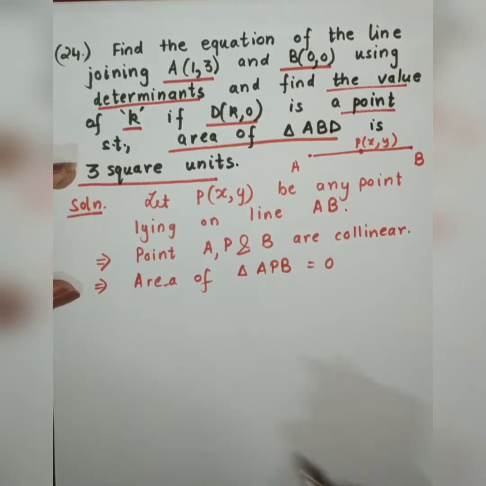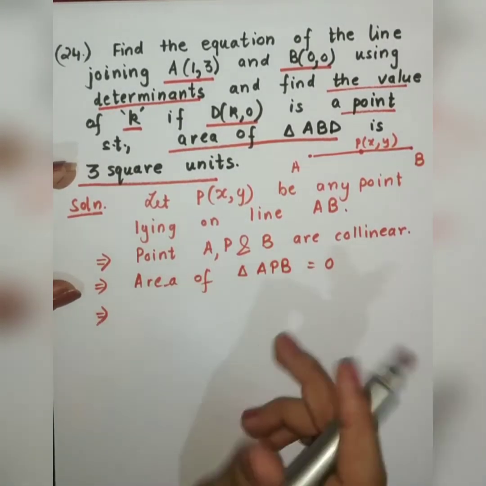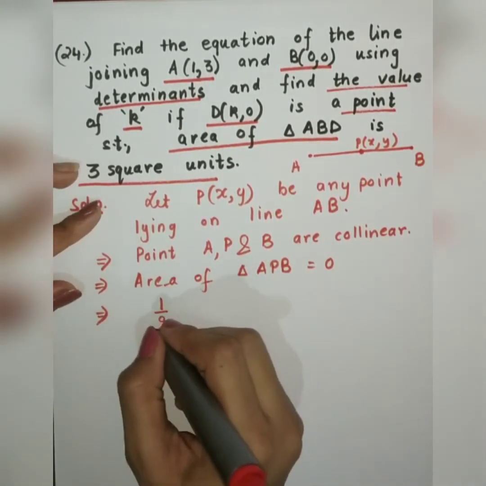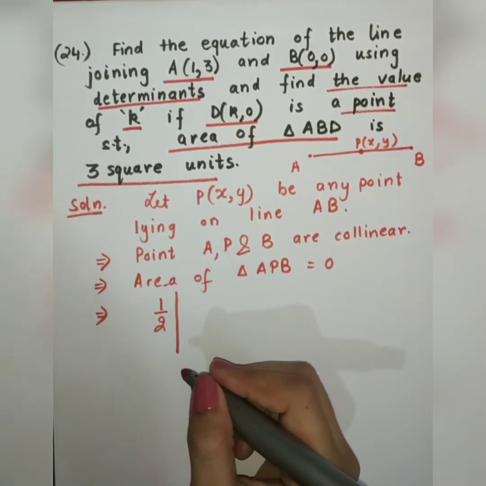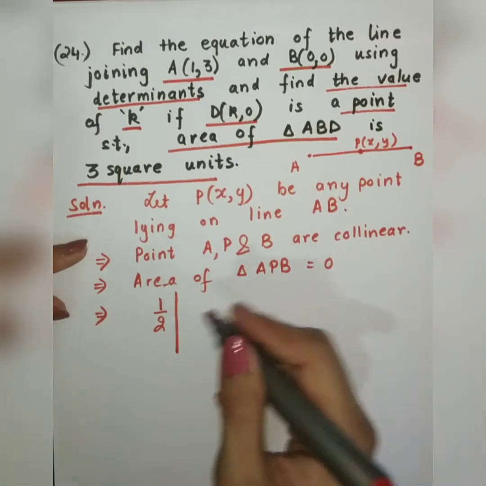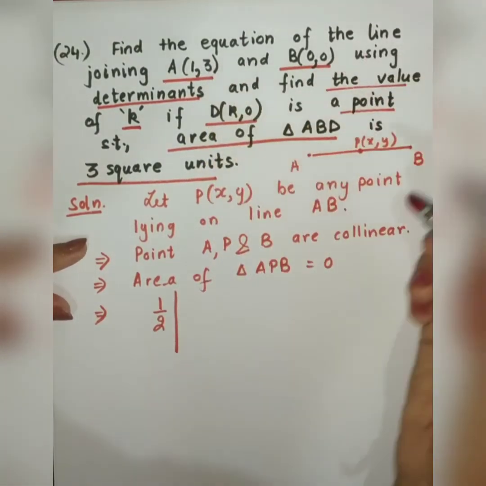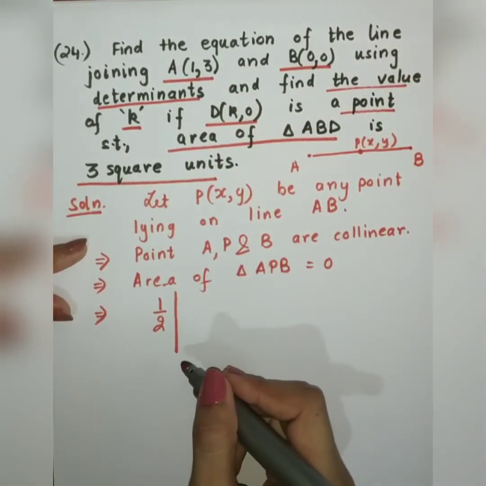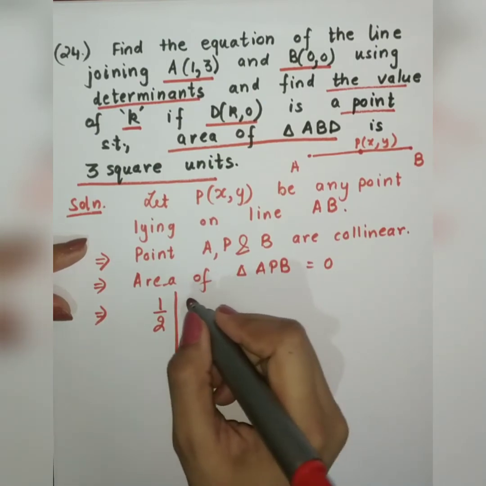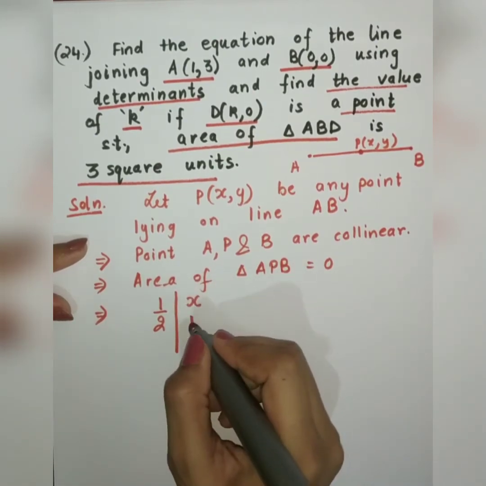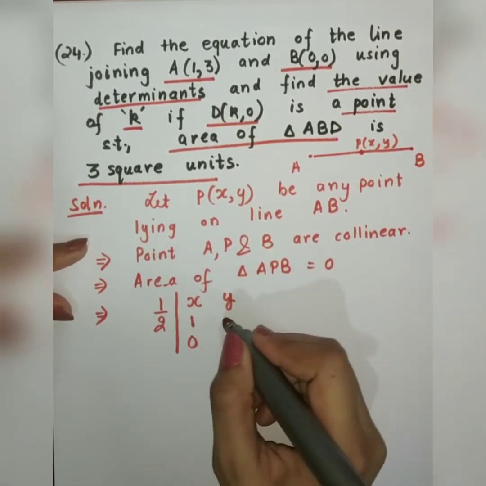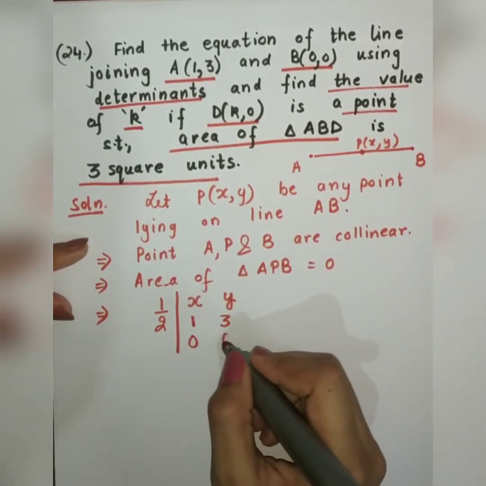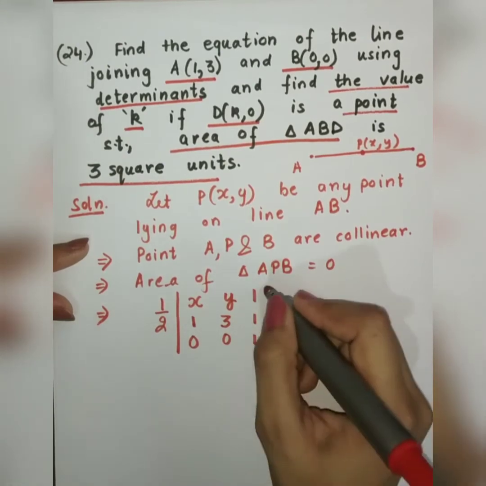So let us apply this result and use the determinant form of the formula we studied for calculating the area of a triangle, writing all the x coordinates in one column. So this is your x, 1 and 0, this is y, 3 and 0, and the third column is 1 1 1.